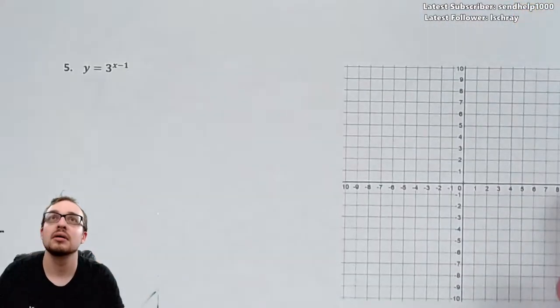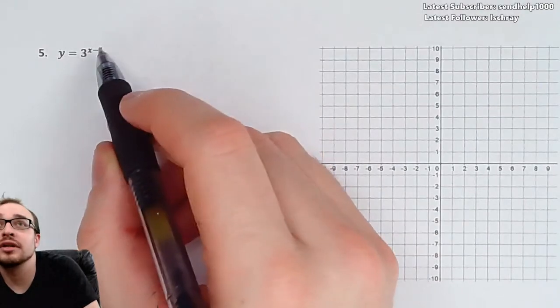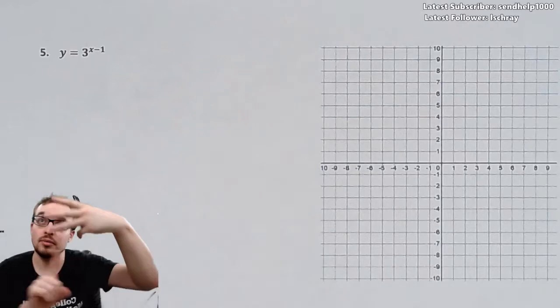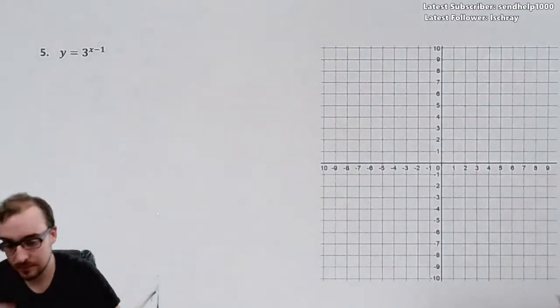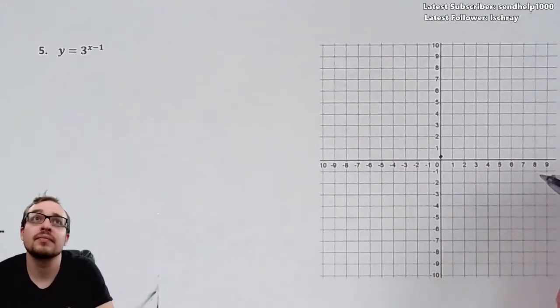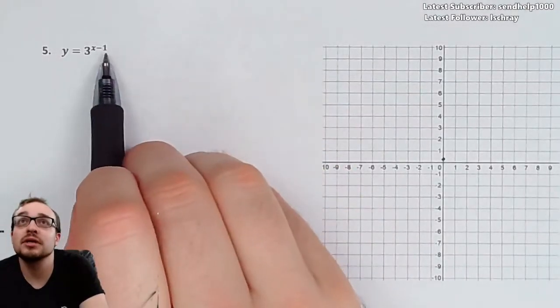Okay? So when I plug in 0, I get 3 to the negative first, which is 3, but flipped, right? 1 over 3. So when I plug in 0, I get a third. When I plug in 1, 1 minus 1 is 0.